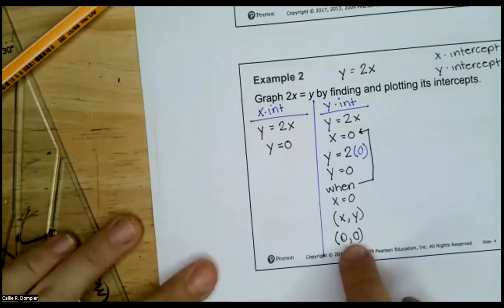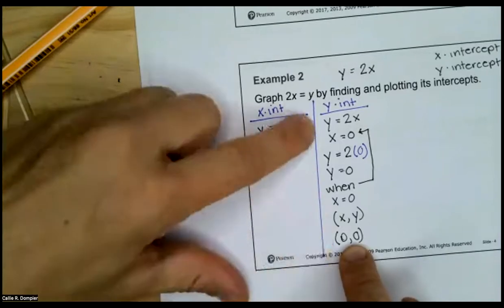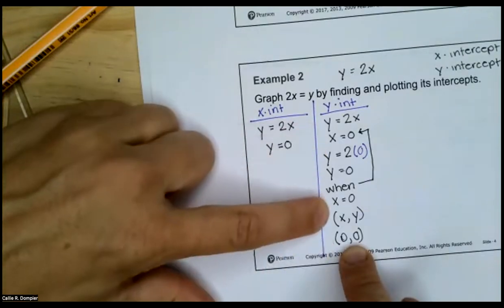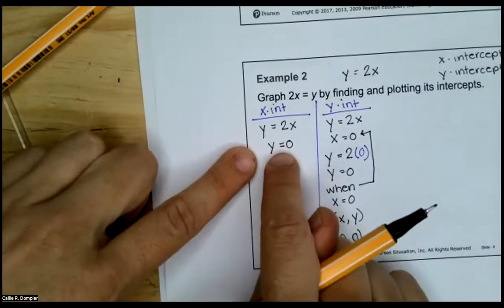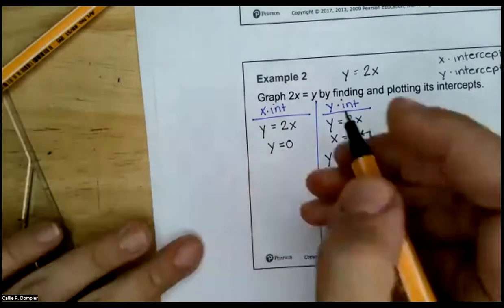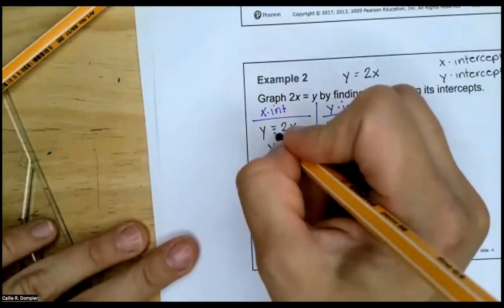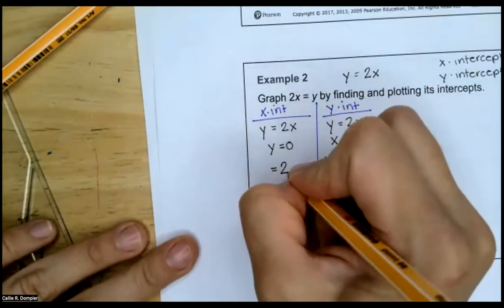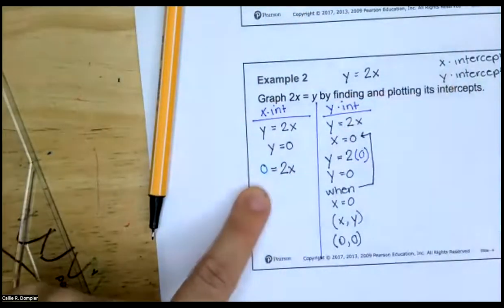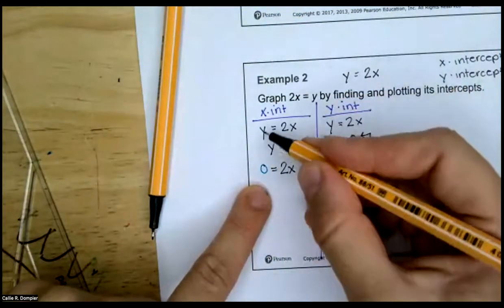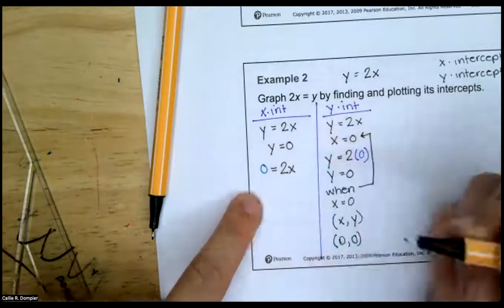Good. Now, because I found that when x is 0, y is 0, I think I'm going to find here that when y is 0, x is 0, right? So y equals 2x becomes 0 equals 2x. I replaced my y with 0. It was y equals 2x, so now it's 0 equals 2x.